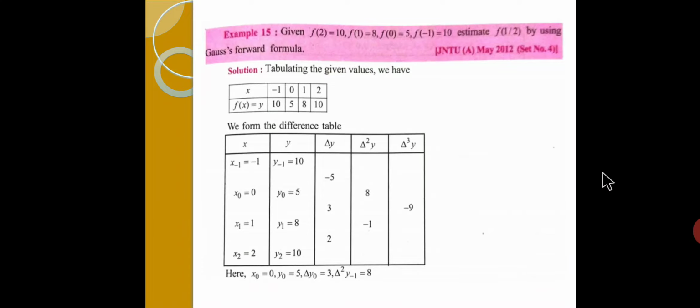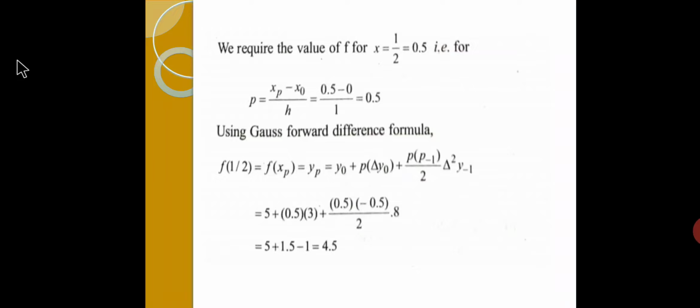Next we substitute these values in the formula. We require the value for x is equal to 1 by 2, that is 0.5. So p is equal to xp minus x naught by h, that is equal to 0.5. Using the Gauss forward difference formula, f of 1 by 2 is equal to f of xp, that is yp is equal to y naught plus p delta y naught plus p into p minus 1 by 2 factorial delta square y minus 1.